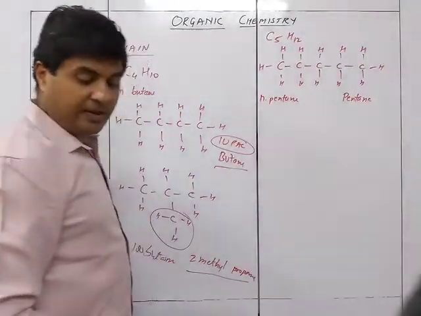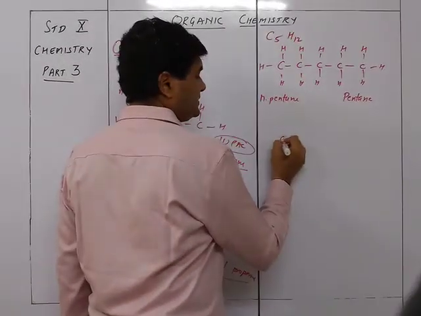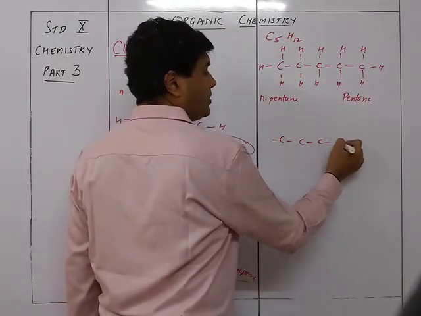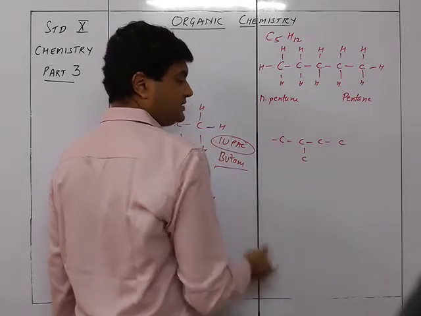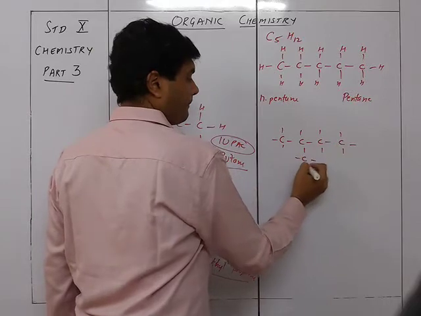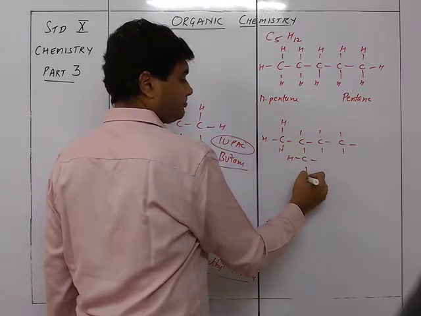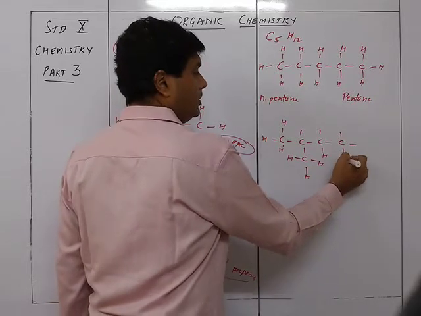The next one will be isopentane. That is C, but 1 C like this, which gives rise to this structure.